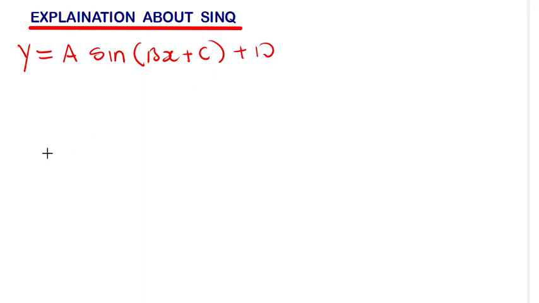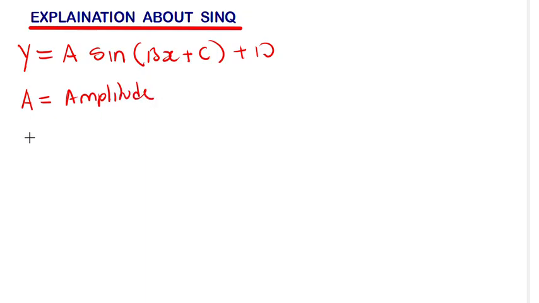In here, the main things that I really want you to take note of are these. The first thing is A, which is what we call amplitude.